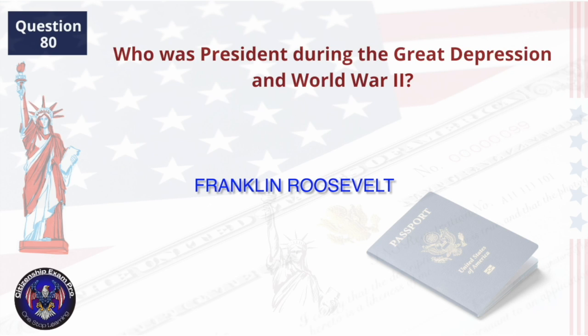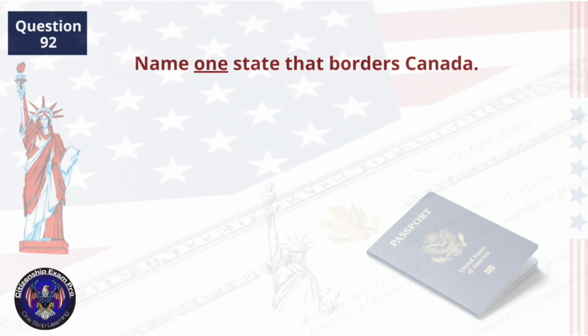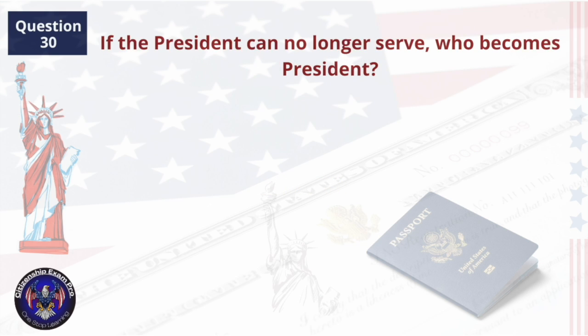Franklin Roosevelt. Name 1 state that borders Canada. New York. If the president can no longer serve, who becomes president? The vice president.